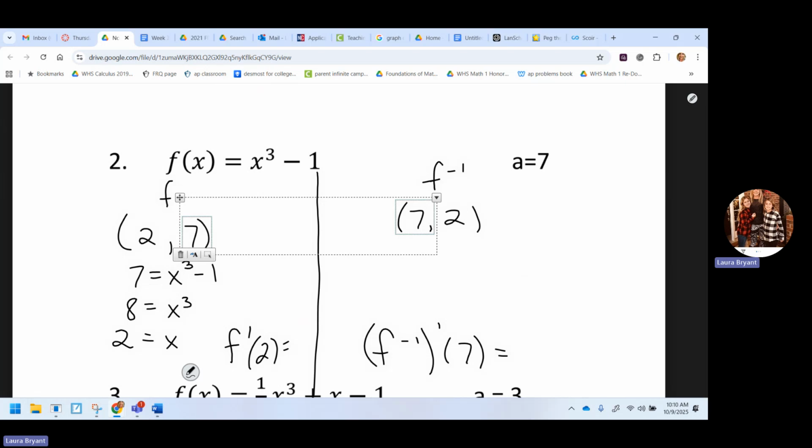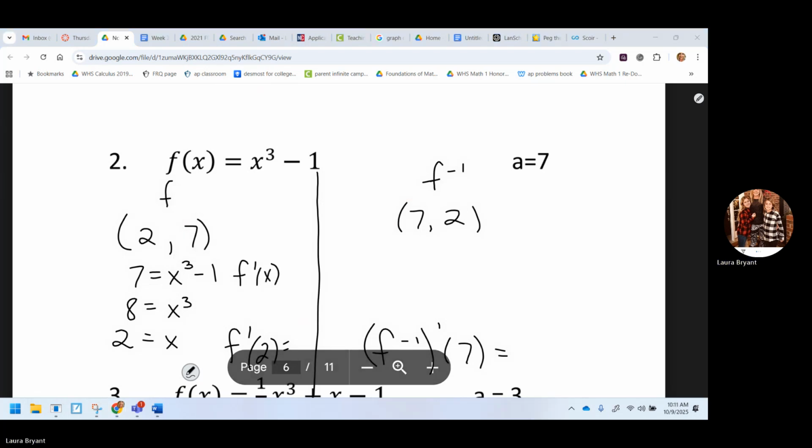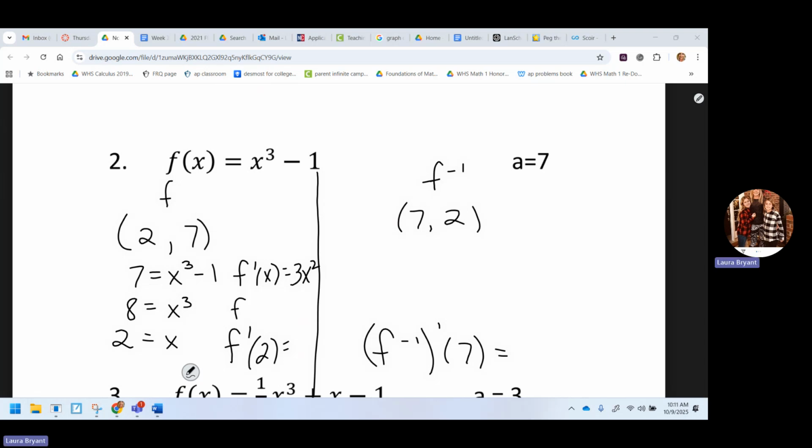And once I have the coordinate, it's just derivative and flip it over. So f prime of x is 3x squared. f prime of 2 is 3 times 4, which is 12. And then my inverse derivative at 7 would be 1/12.